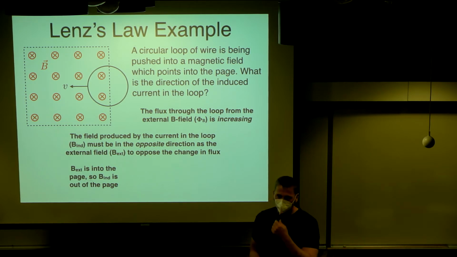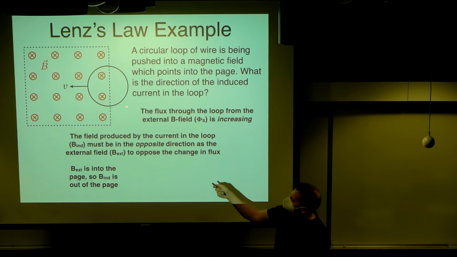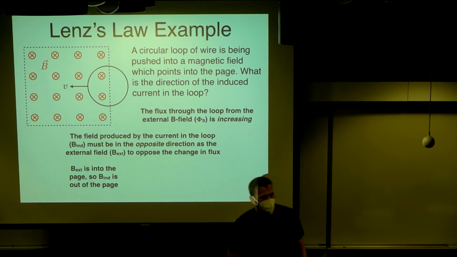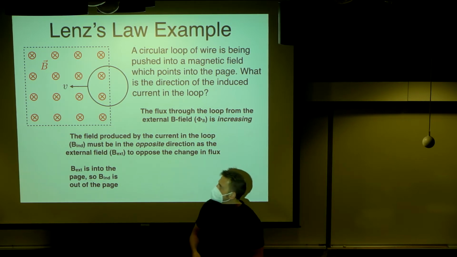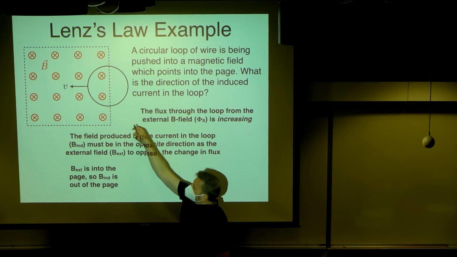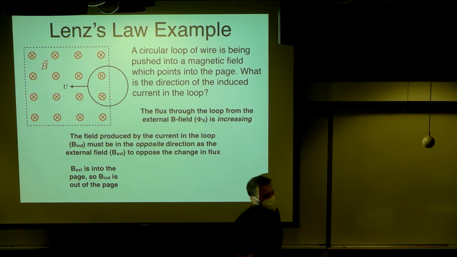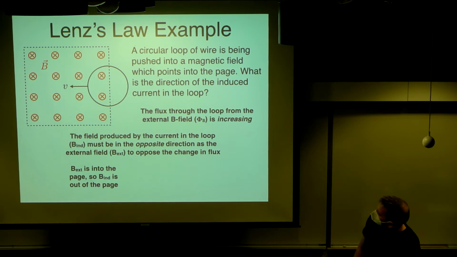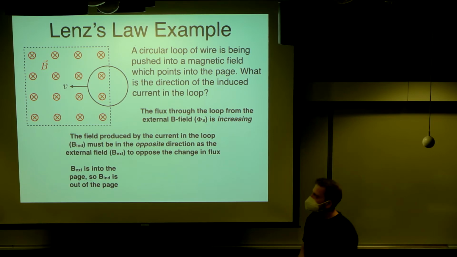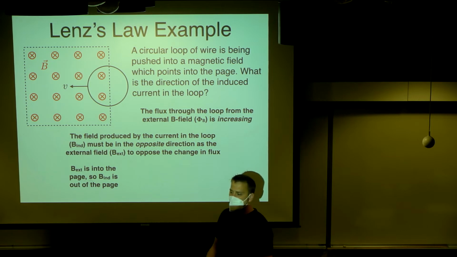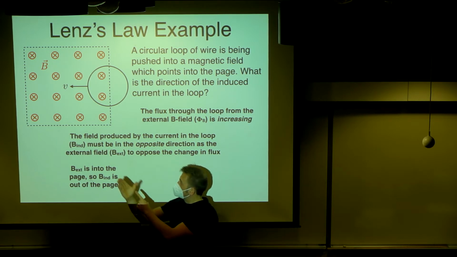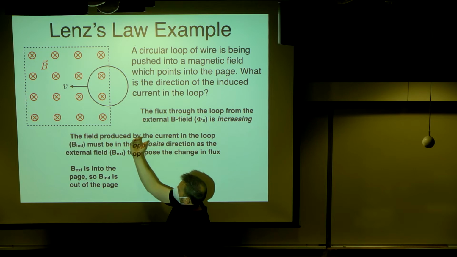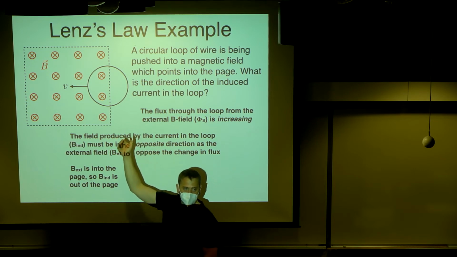So now you guys tell me, how would current have to flow within this coil so that it creates a B field that's coming out of the page? Yeah, so we can try it both ways, right? Take your thumb. Let's suppose we're going counterclockwise like this, right?